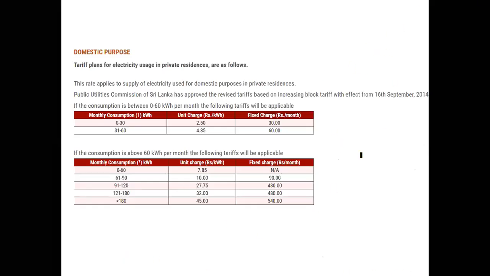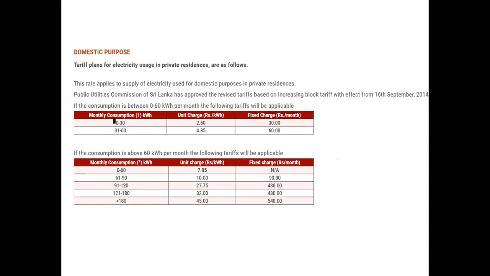When you look at the CEB website, the Ceylon Electricity Board website, you can see the tariff plans for electricity usage in different sectors. Here these are the tariff plans for private residences.